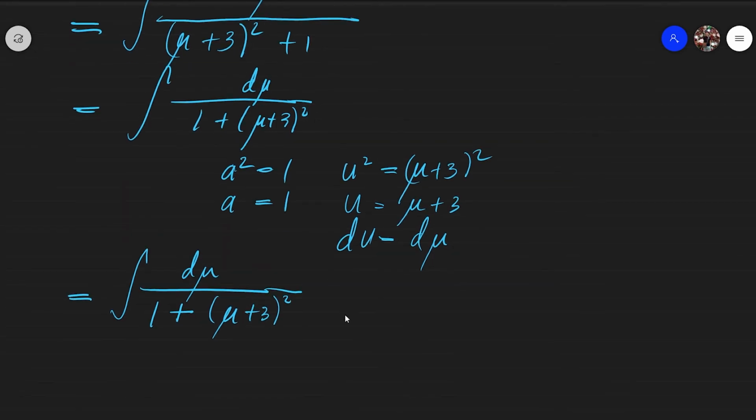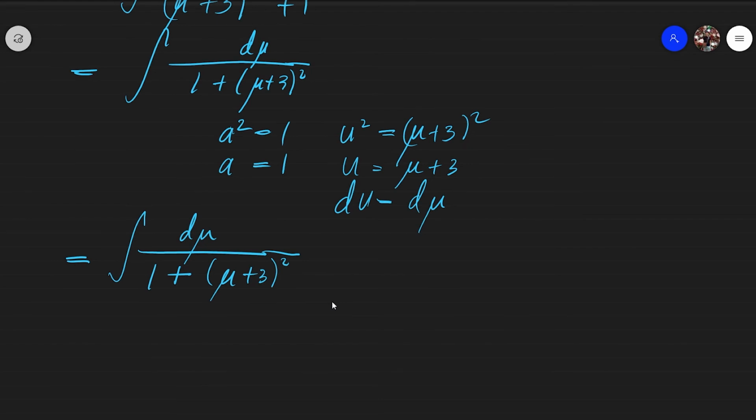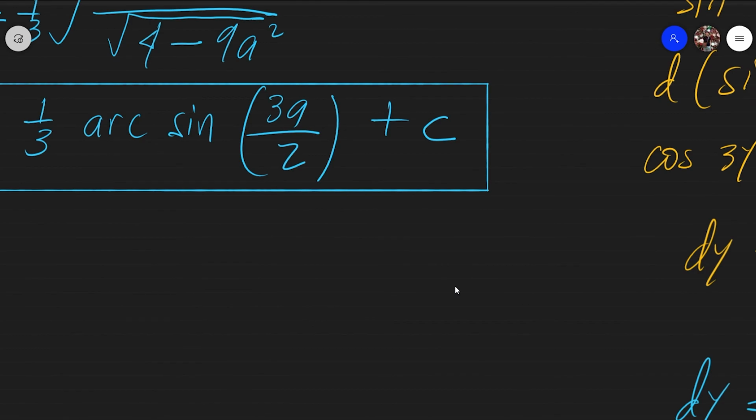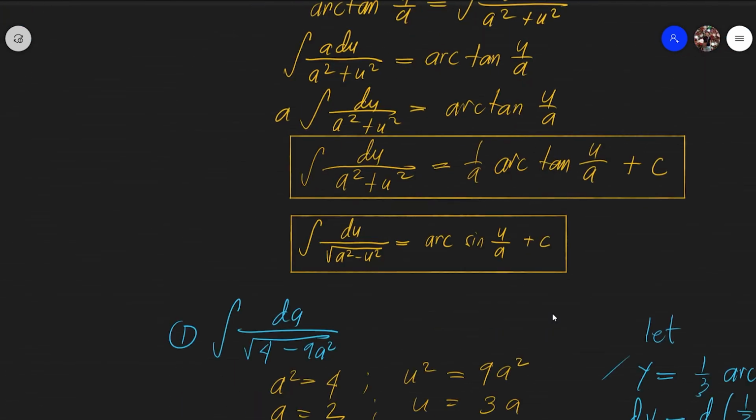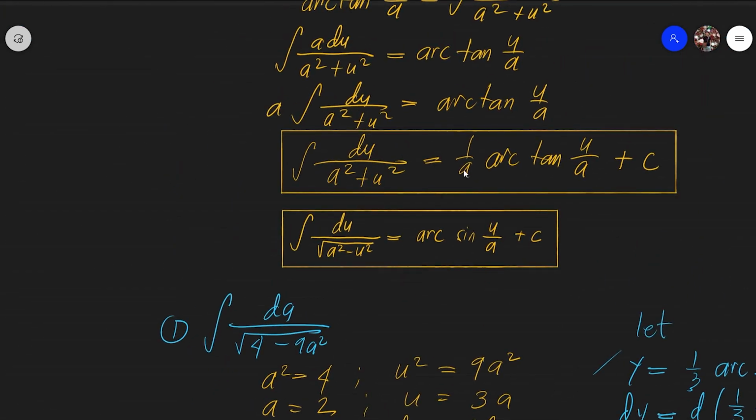So you don't need to introduce a correction factor because they are exactly the same as the previous function. So you can proceed now in applying the right side of the formula. And that is equal to 1 over A arctangent U over A.